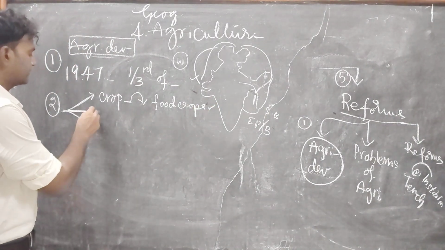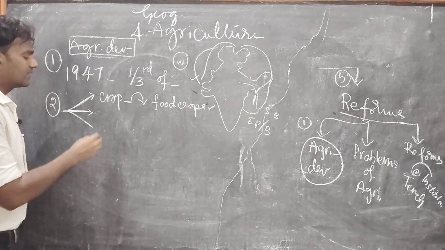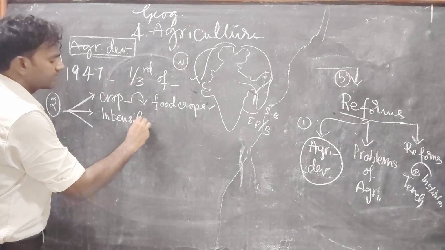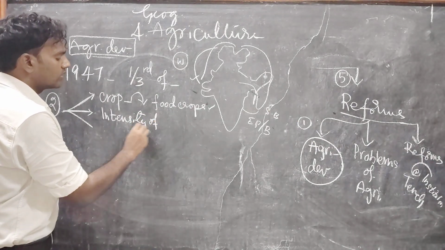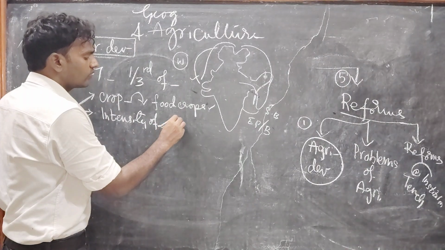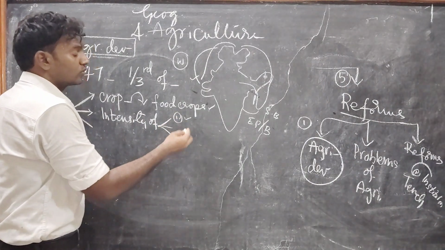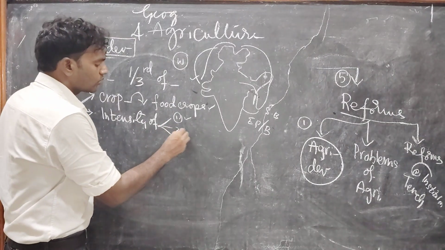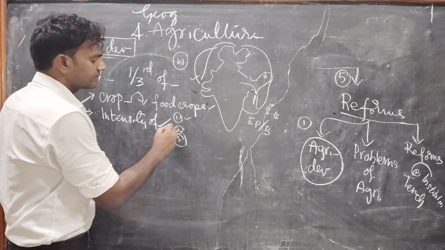And one more thing, the intensity of cultivation also increased. Why? Because earlier we were cultivating only once a year. To satisfy the needs of the people, we are cultivating twice and thrice a year.